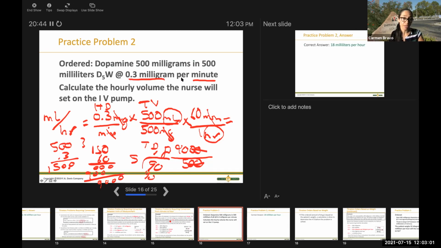So remember that we have to set it up in the pump. When we set it up in the pump, it has to be mLs per hour. So we have to convert this into an hourly rate.